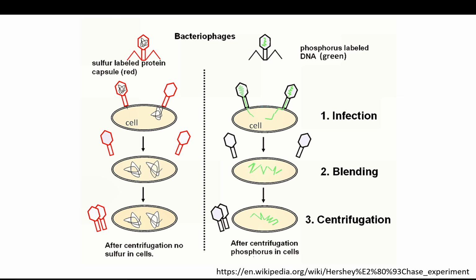The first experiment, famously known as the Hershey-Chase experiment, used T2 bacteriophages, which are viruses essentially, produced in a radio-labeled sulfur-containing solution or a radio-labeled phosphorus-containing solution.